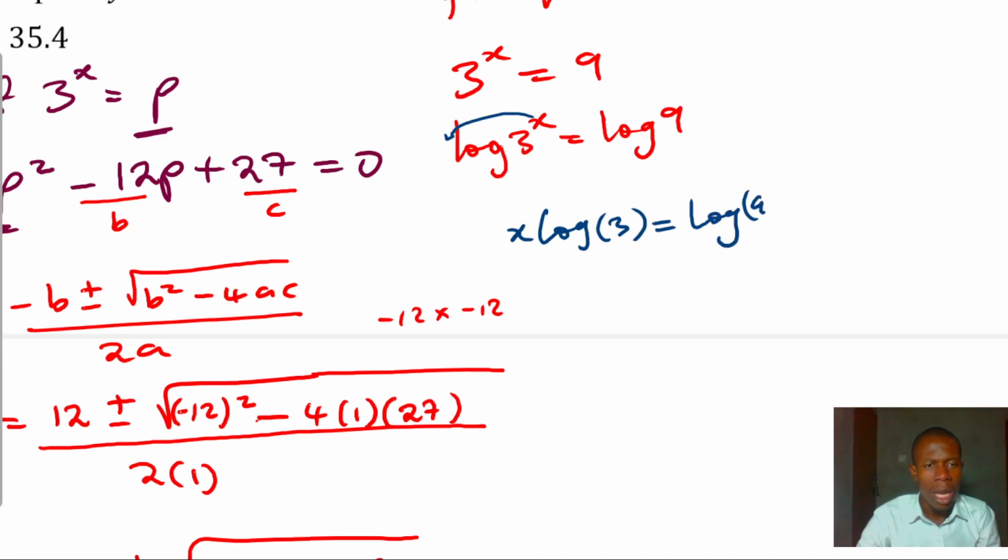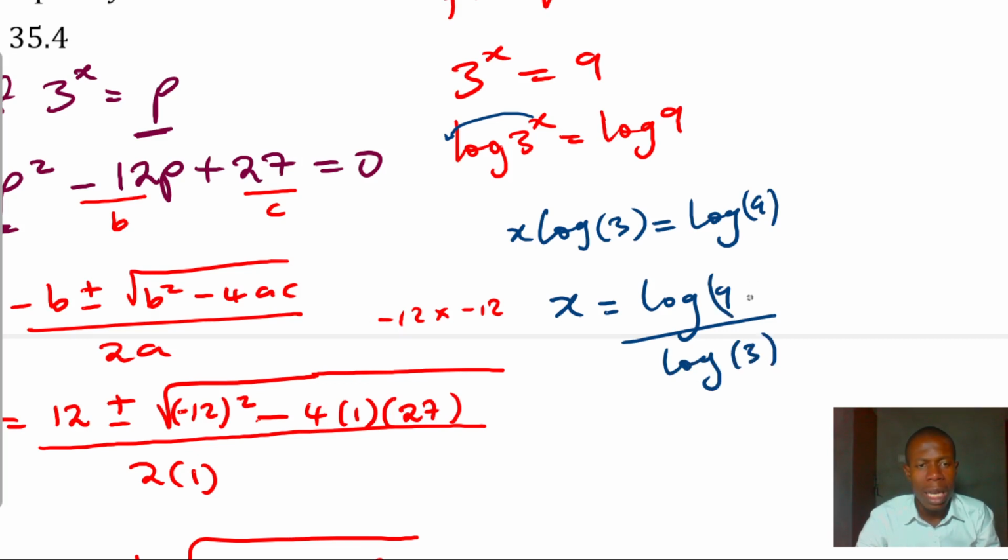Now we can just punch this directly on our calculator, or we can make x subject of the formula in advance. So x will be equal to log 9 divided by log 3, which you can directly punch on your calculator, which will give you 2. So that is the first value of x.